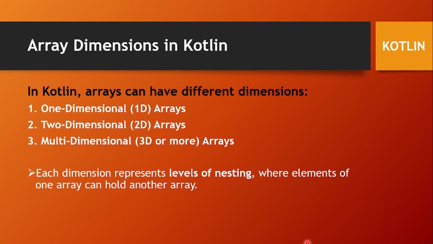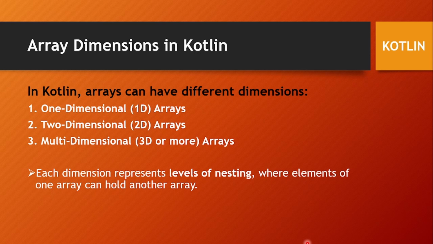We only use them for some examples to share the concept, but here I am not confusing you with 4D arrays. In this video we are going to discuss up to 3D arrays, which will be multi-dimensional arrays.